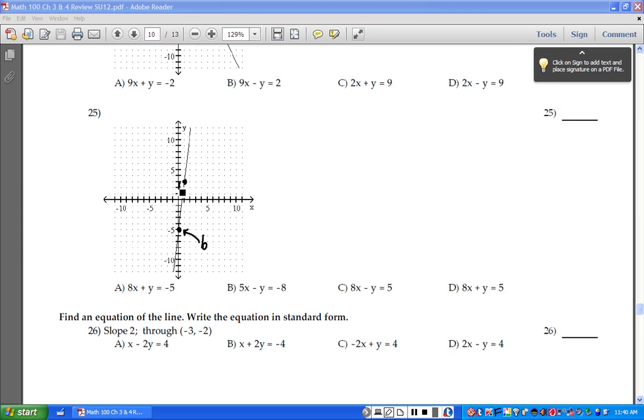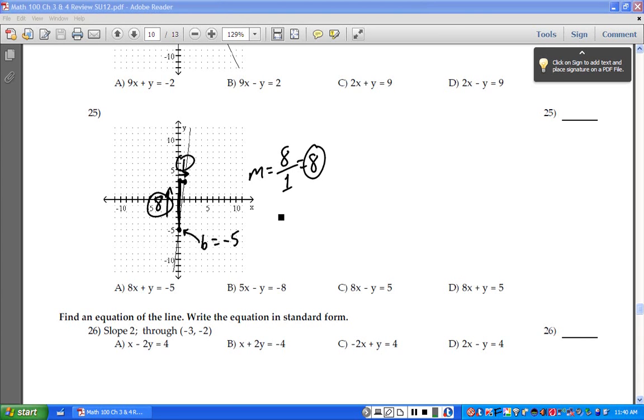So I go up 8. That puts me right here. Up 8. And then I go over 1. So my slope is rise, up 8, over run, over 1, which is just 8. So there's my slope. And I already said my b is negative 5.